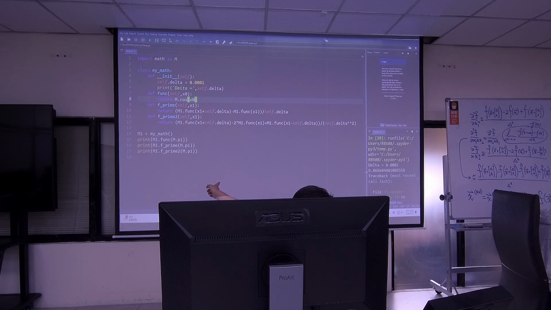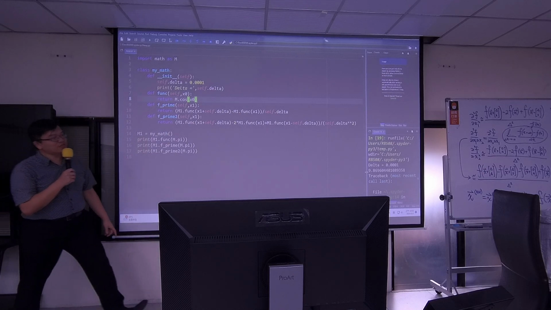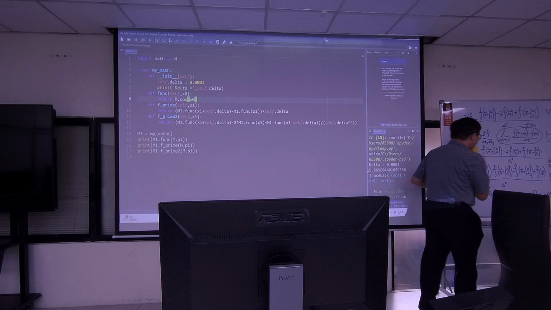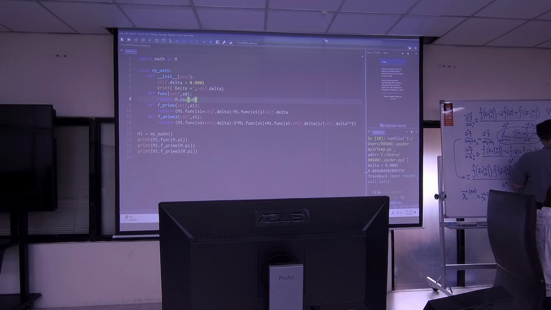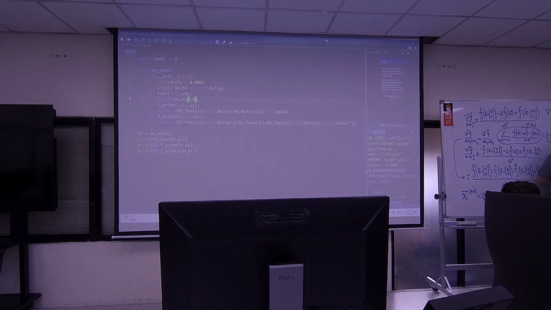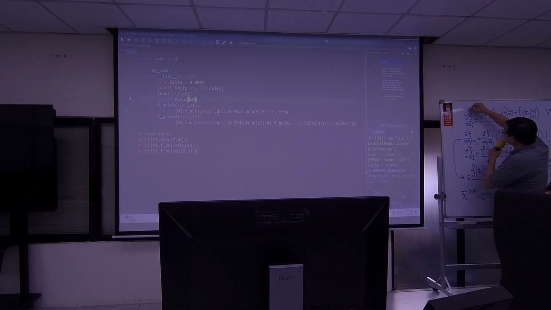Okay. So I will leave what I have right here. This is f double prime. If you need to know the math, why I did this: this one is f prime, and this one is f double prime.